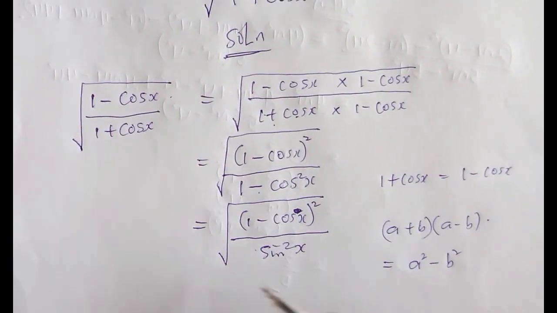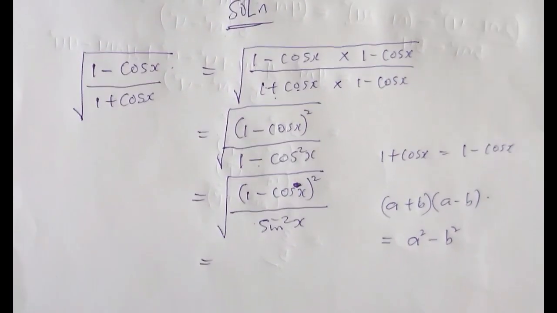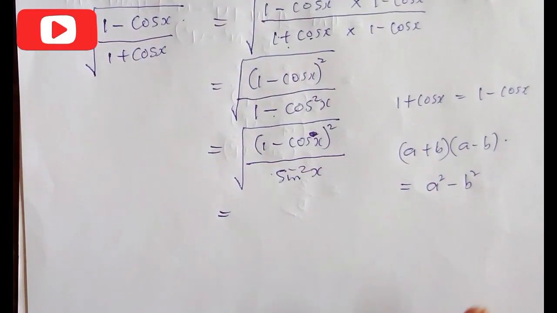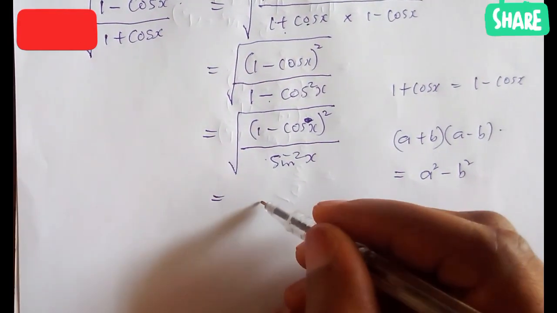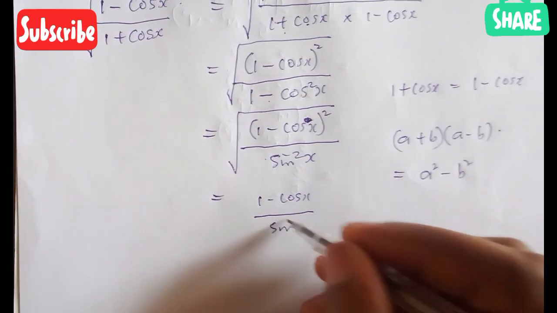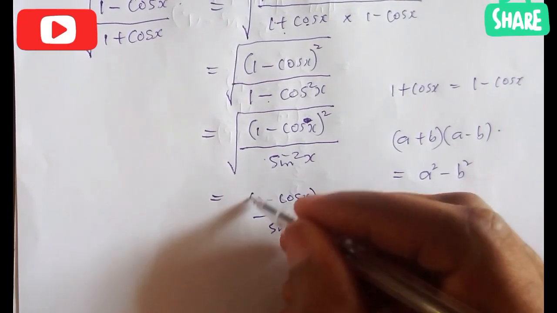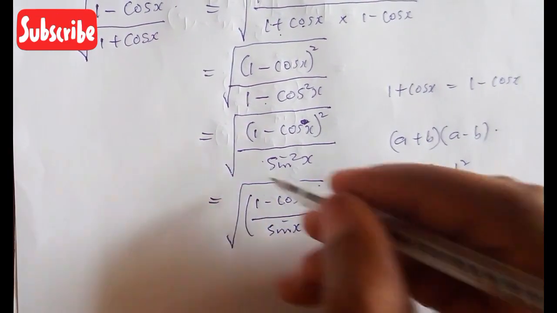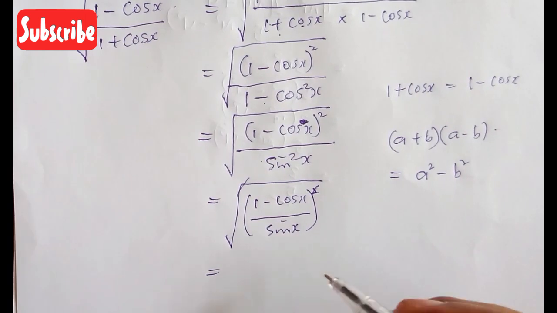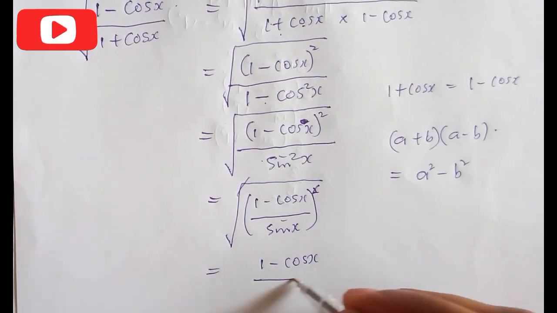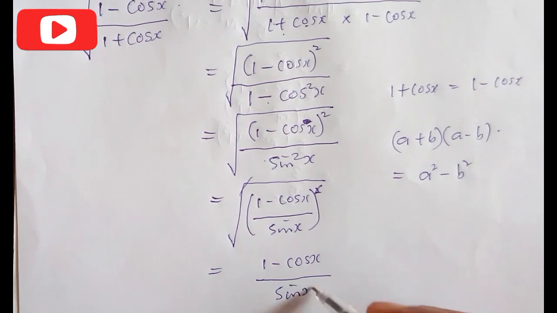Then this is the same as writing (1 minus cos x) all over sin x, squared, then square root. The square root cancels the square. Therefore, the answer is (1 minus cos x) all over sin x.